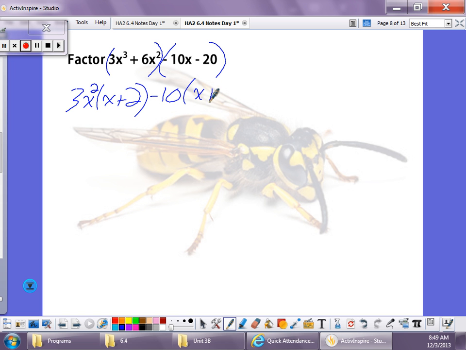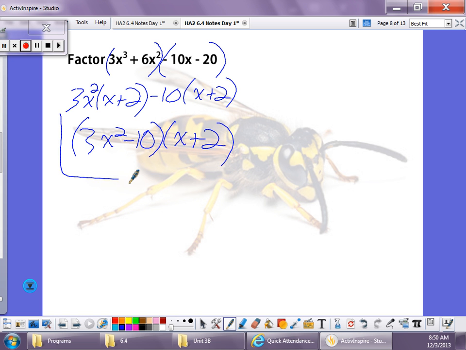And that'll give me x plus 2. So remember, this is my one factor, 3x squared minus 10. And this is my other factor, x plus 2. Again, we check and see if either of these can be simplified further, which they cannot. Okay? And so then we're done. If we wanted to solve for this, you would just set each of those equal to 0 and solve for x.